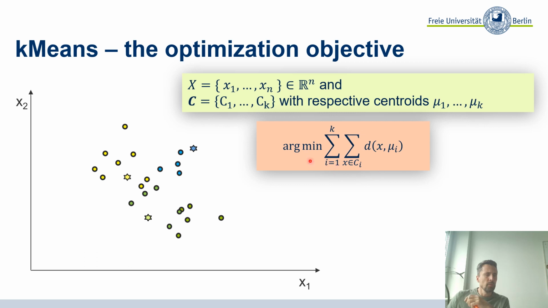Well, we haven't calculated this, and I can't tell you what the actual distance is. What we want is to move these such that in the end this sum is minimal.